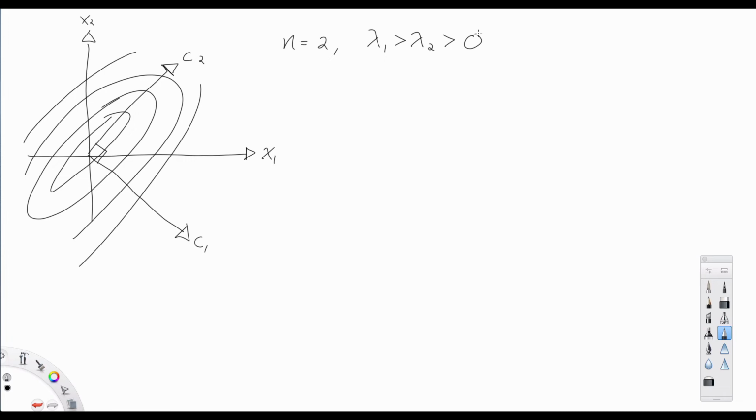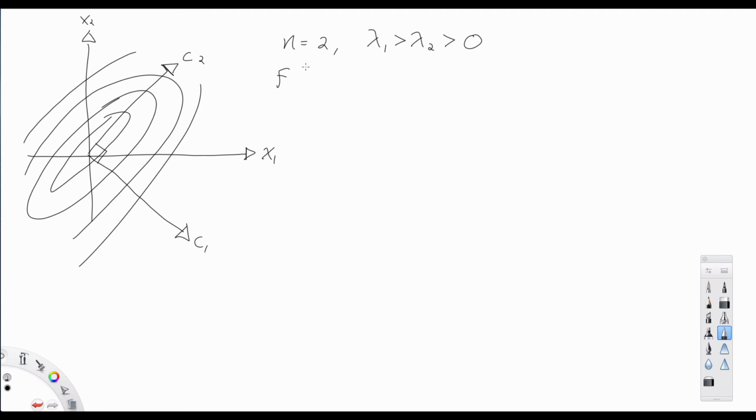Because lambda 1 and lambda 2 are positive, if we start at the origin and we move in the c1 direction or we move in the c2 direction, then the function value f of x is increasing.